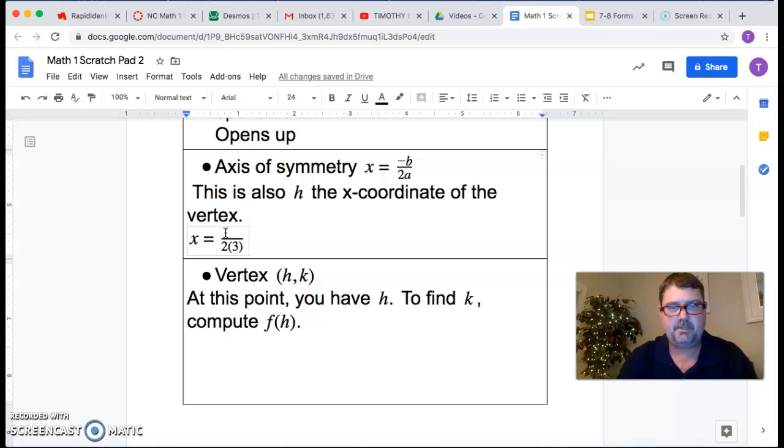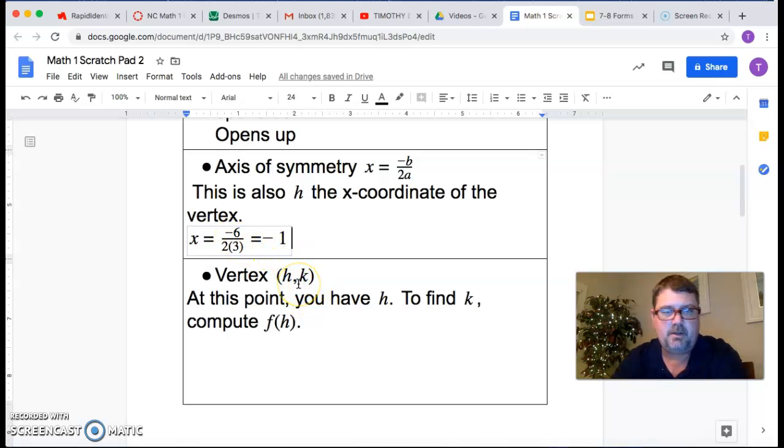What's negative b going to be? Negative 6. Always change that sign. That's what the negative b means. And this is equal to negative 6 divided by 6, which is negative 1. So now we've computed it. This h has moved us left 1 unit.